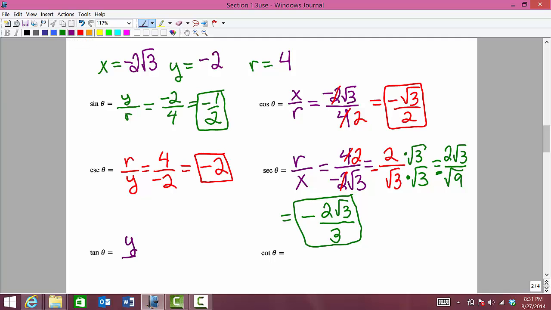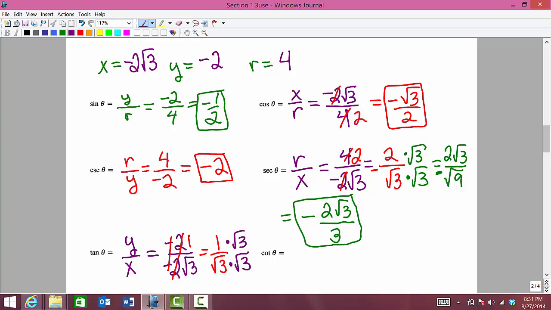Tangent is y divided by x. Our y value is negative 2. Our x is negative 2 square root of 3. Once again, our outside values have something in common. That really gives me a positive 1. My negatives also cancel. So I end up with 1 divided by the square root of 3. And once again, I want to rationalize my answer.